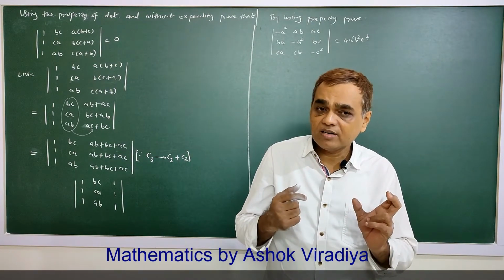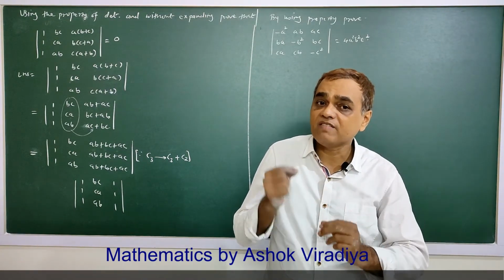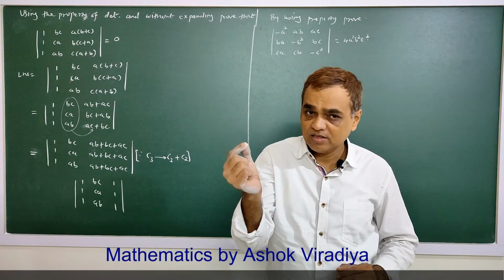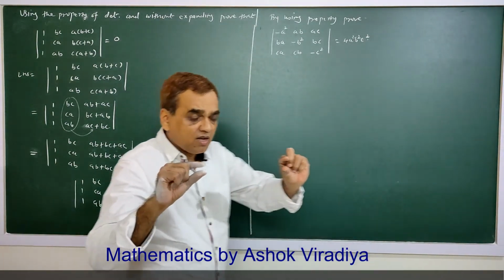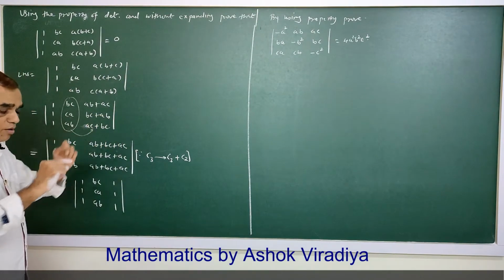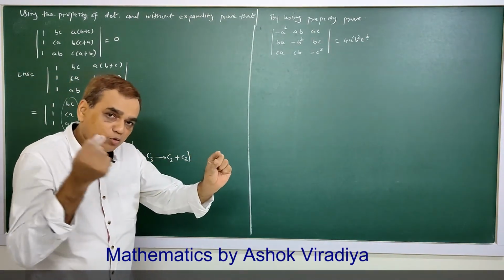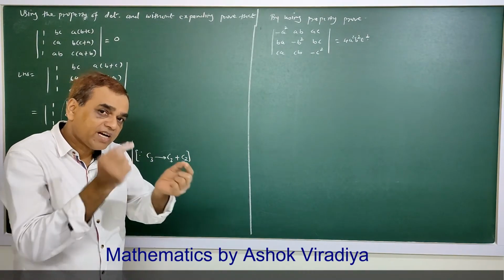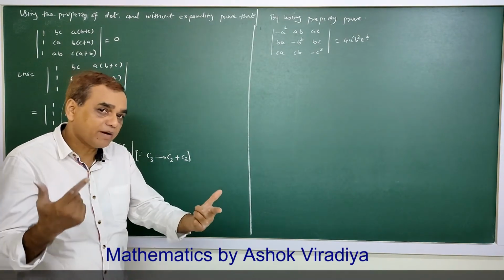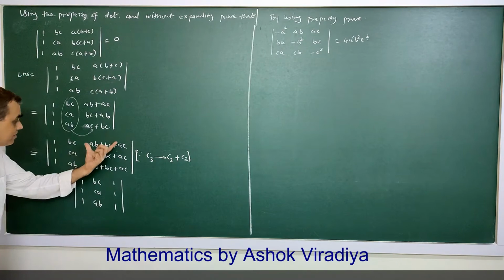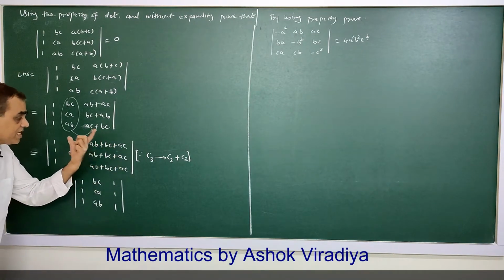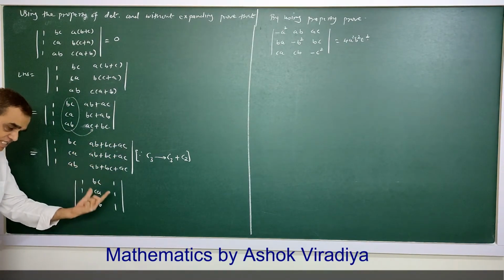Or if any row or any column is divided by k, to say it in a simple way, what I explained in this property: inside if you multiply, outside divide. Inside if you divide, outside multiply. So here the third column is divided by AB plus BC plus AC.